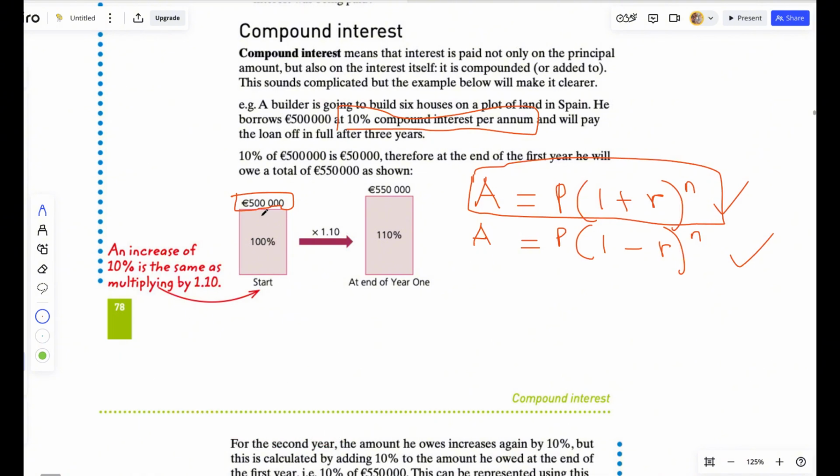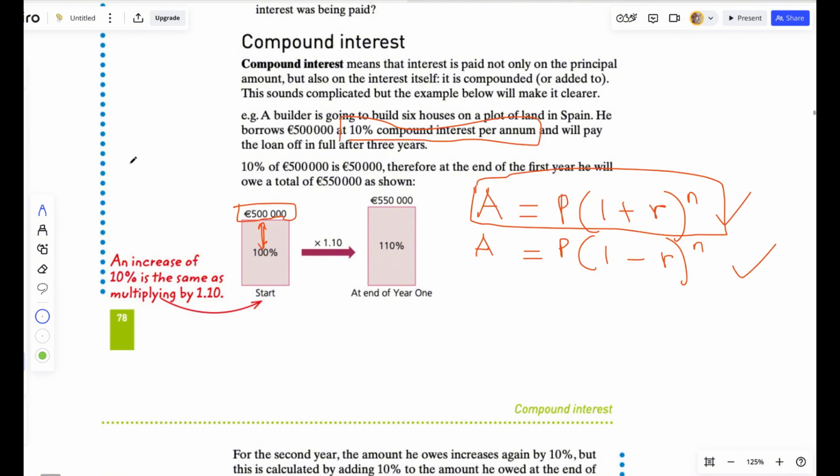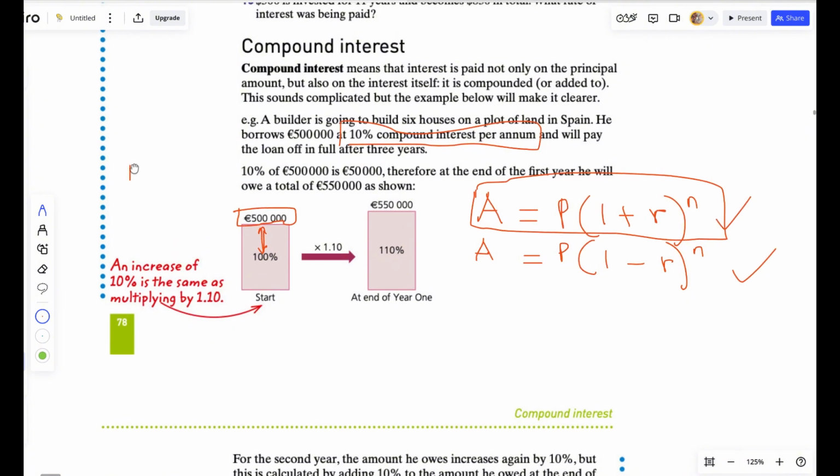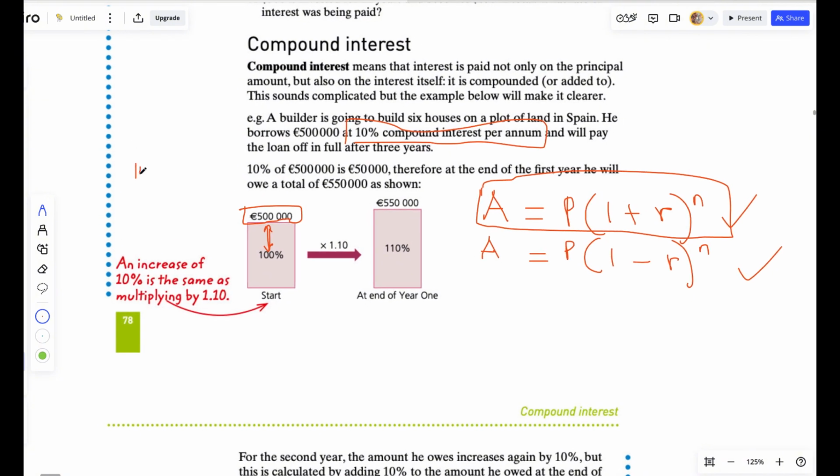The amount you borrowed, the amount you deposited, is already 100%. Any amount given to you or you deposited is already 100%. So if they give you a rate of 10%, your rate will now be 110. You say 100 plus 10, that gives you 110.